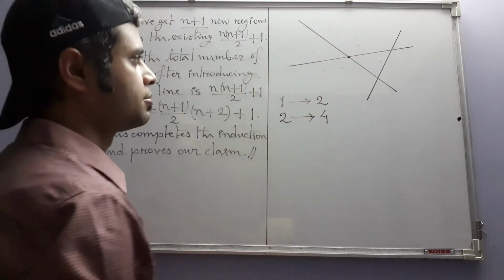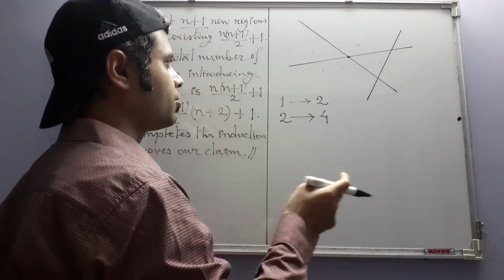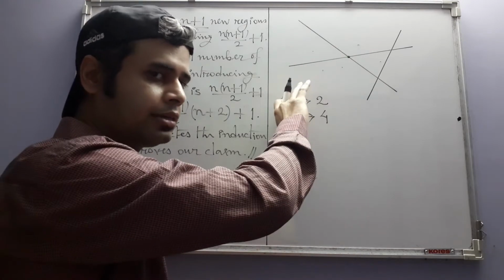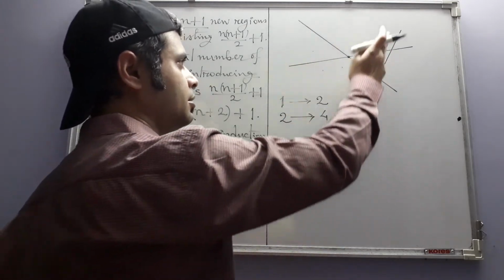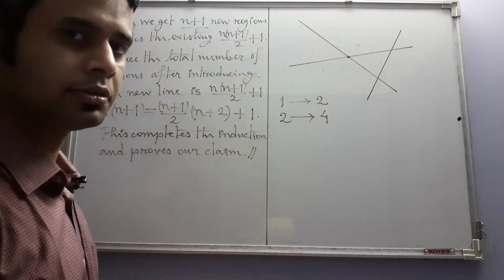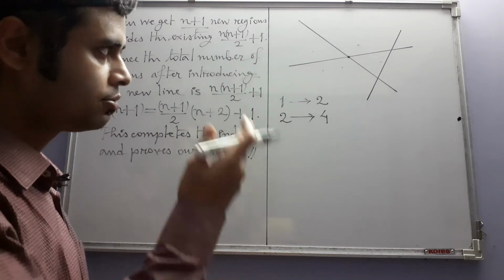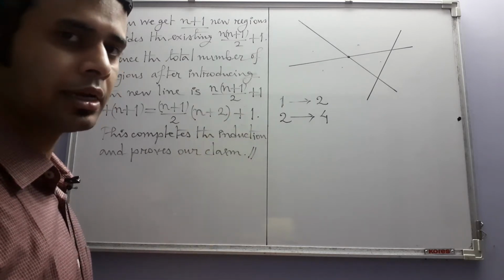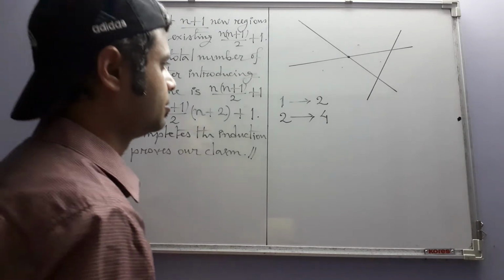That is because if someone is looking at this board from that side, from behind this wall, then for them this choice is like another choice on this side. Okay, so it will not actually matter where you draw this line as far as the number of new regions is concerned.